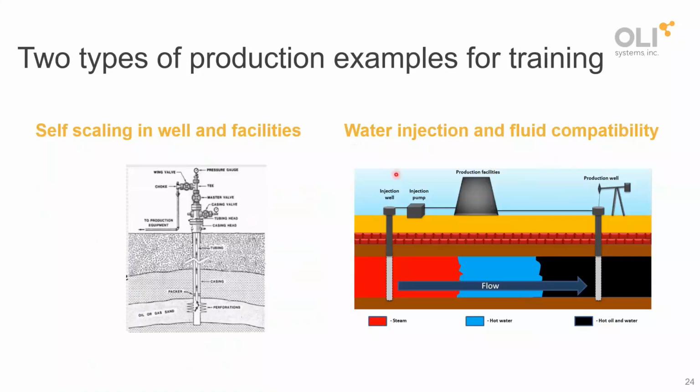The second type of example, to the right, is to study fluid compatibility. This is what you will be finding, for example, in secondary or tertiary recovery. We will study what happens when we combine fluids or do, for example, seawater injection. So we will cover that as well.